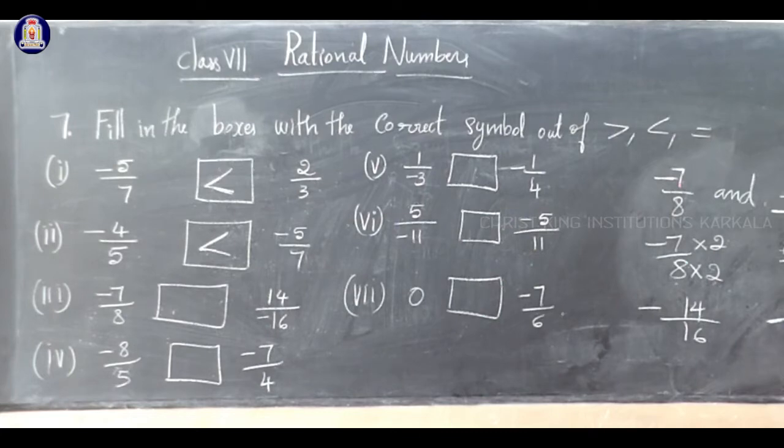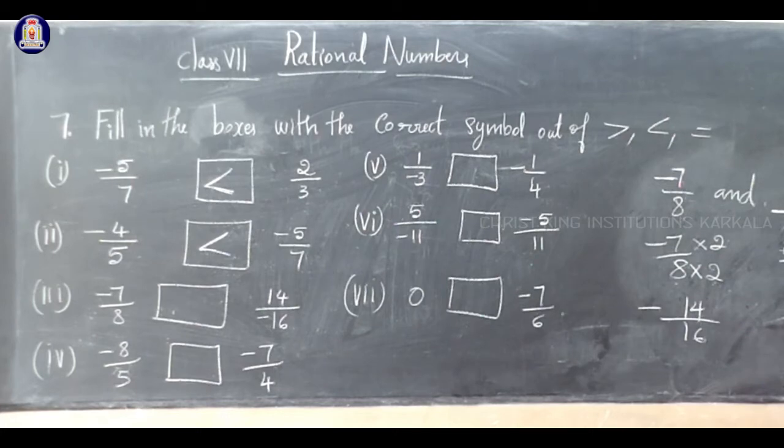If you simplify, 2 7s are 14, 2 8s are 16, we get 7 by 8, here also 7 by 8. Or else multiply by 2. So now we got 7 2s are 14, 8 2s are 16. Here also the denominator is 16, the numerator is 14. So the sign is minus 14 by 16, minus 14 by 16.